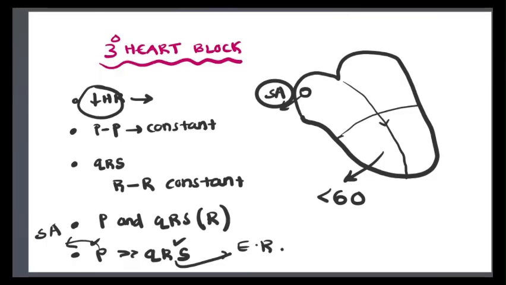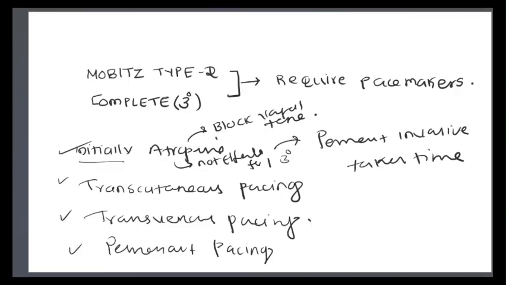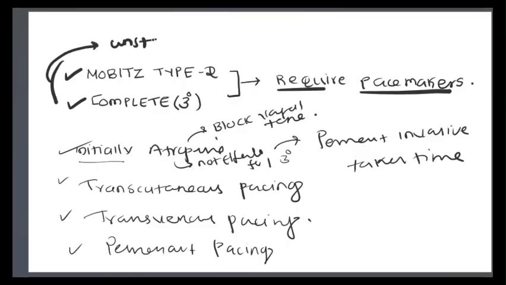Now, when it comes to management, you can see here Mobitz type 2 and complete heart block, third degree heart block. These require pacemakers. But in the beginning, we don't give a pacemaker, because these patients are going to be unstable.